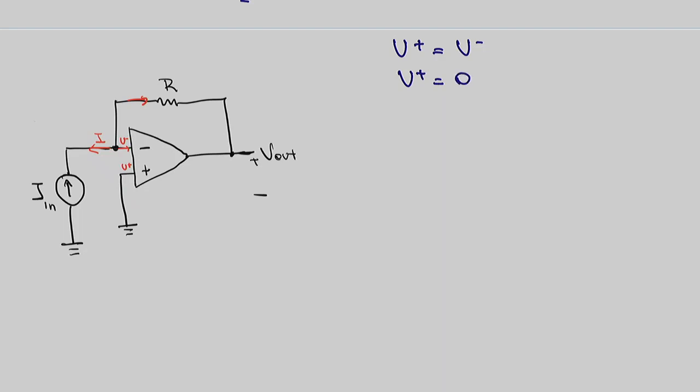That means that U minus is also 0. Yeah? And we are going to zoom through this analysis now. Now, let's apply golden rule number 2 and write out the equations in terms of voltages and currents.